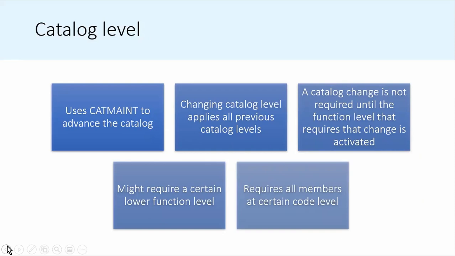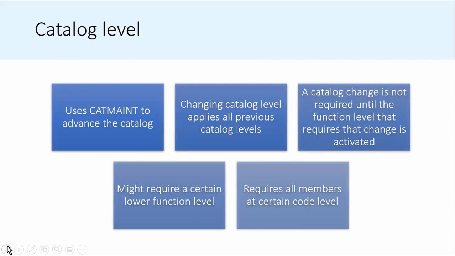So if you're running version 12 at function level 502, and you're ready to go right to function level 510 of DB2 12, you can run catmaint and specify either V12 R1M 509 or V12 R1M 510, and catmaint will apply all the catalog updates required to get you all the way to function level 510.